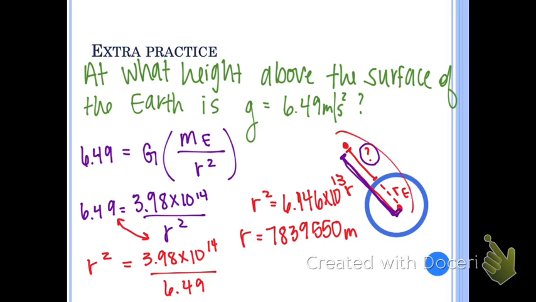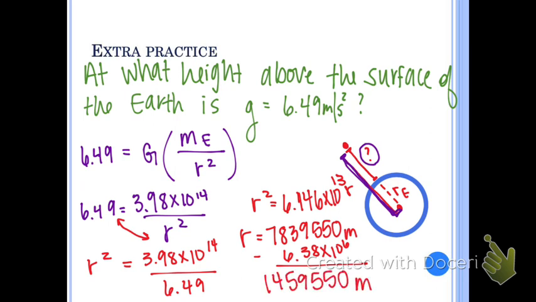Because this is my total distance, right? But I really only want that. So I need to subtract out the radius of the Earth, which is 6.38 times 10 to the 6th. And so now I get a distance or a height of 1,459,550 meters.